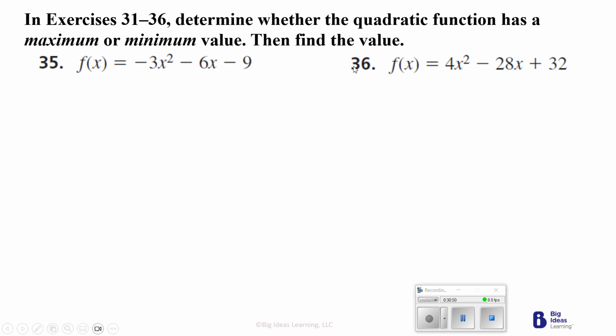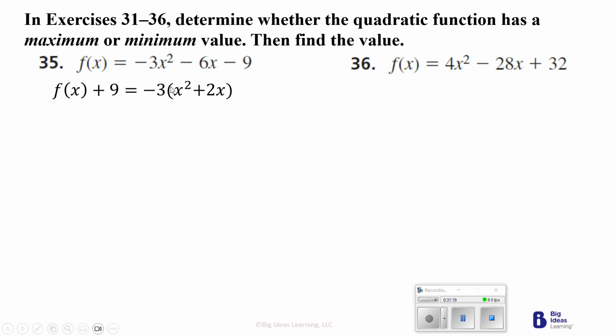Number 35, determine whether the quadratic function has a maximum or minimum value. All right, so it's f of x plus 9 equals negative. We're taking the 9 and bringing it over, right? Then we'll have negative, they're factoring out the 3 here, right? x squared, and then since we factored out the negative, this will be a positive 2x, right?